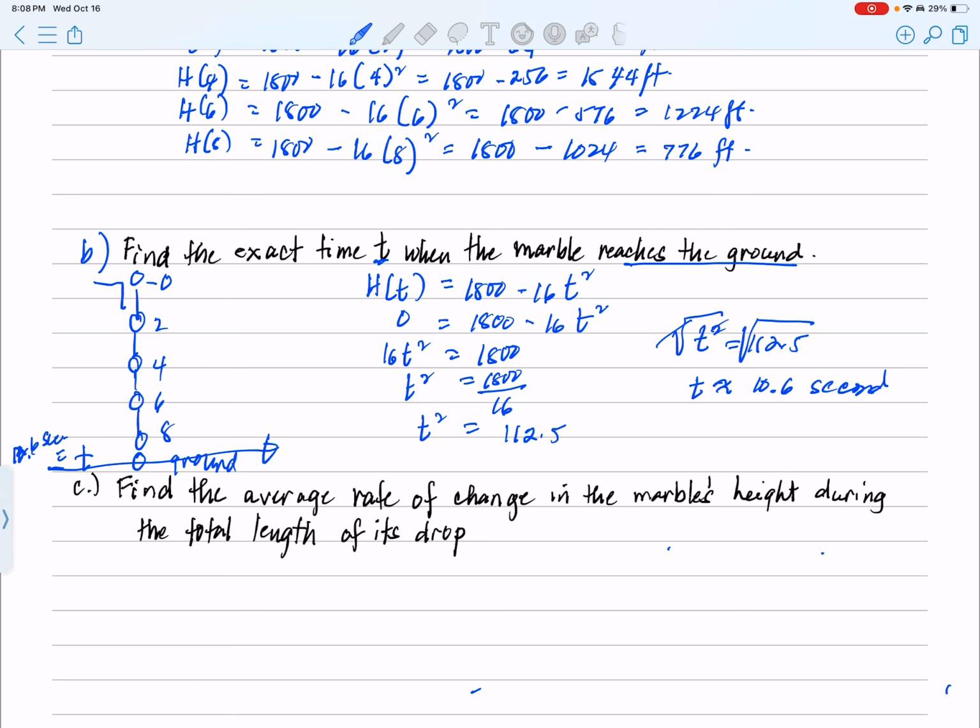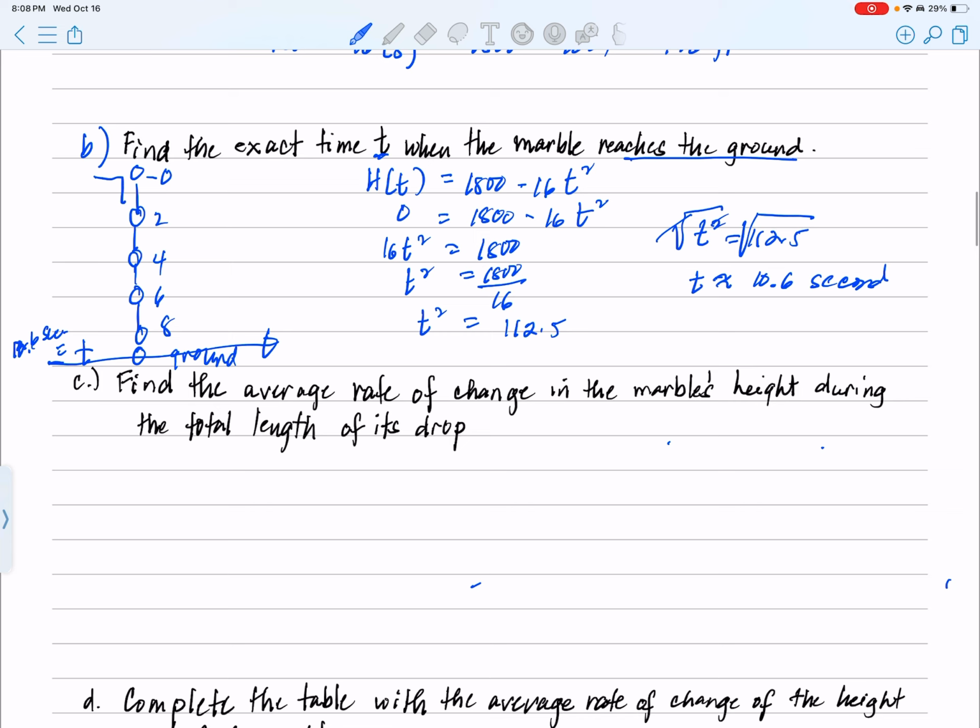Okay? Find the average rate of change in the marble's height during the total length of its drop. Average rate of change from top to down. Okay? So remember that from the slope formula, isn't it the rate of change, change in y over the change in x?